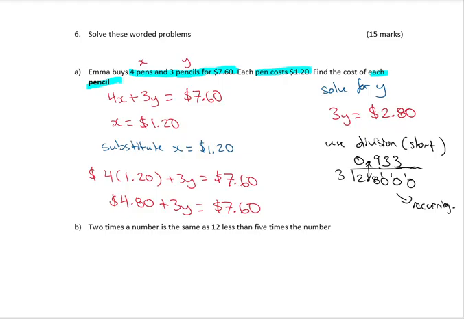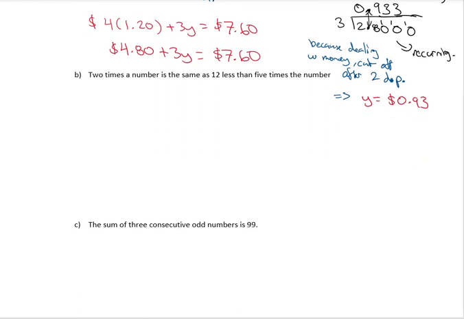So because we deal with money, you want to cut off after 2 decimal places, 2 dp. So therefore your answer should be y equals 0.93, just like that, okay? So each pencil costs 93 cents each. That's just basically what the question is saying.